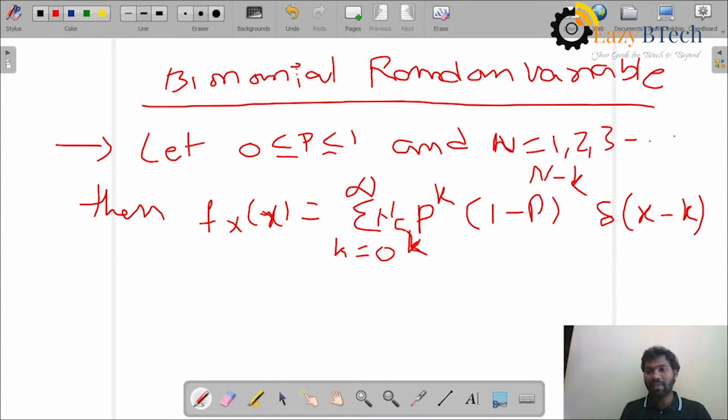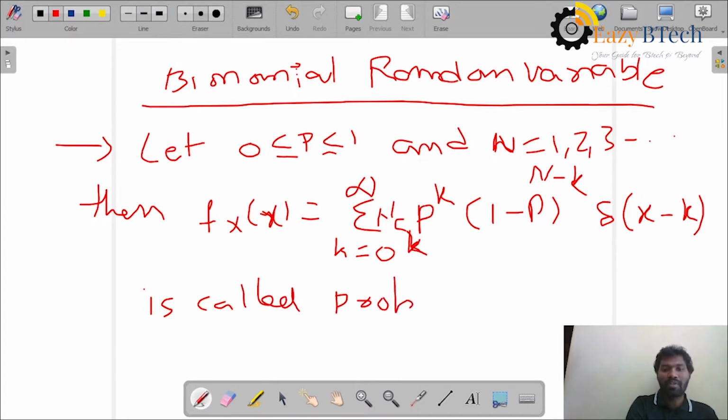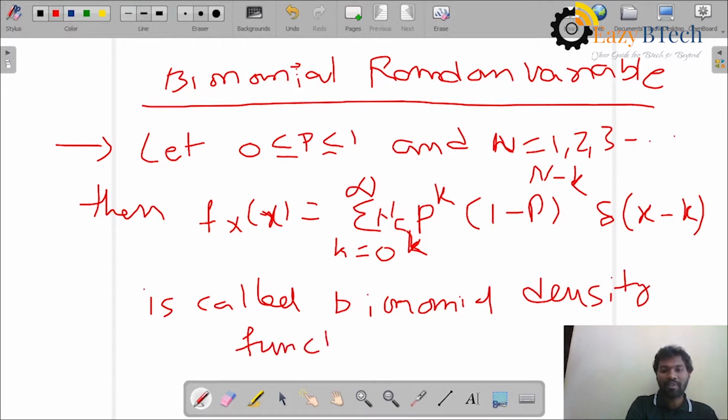Delta of x minus k is called the binomial density function.